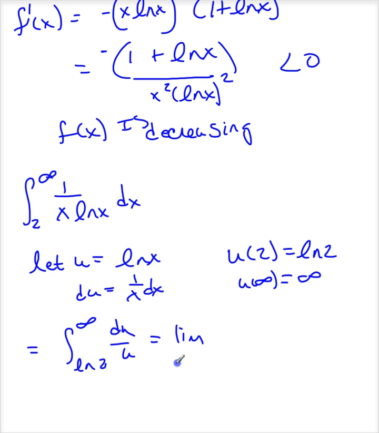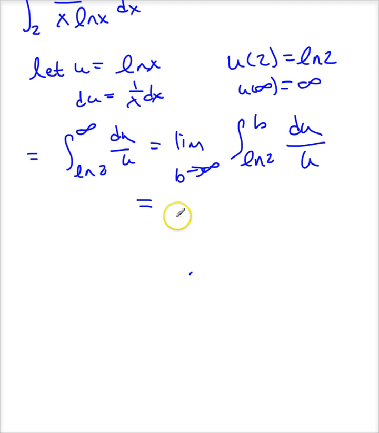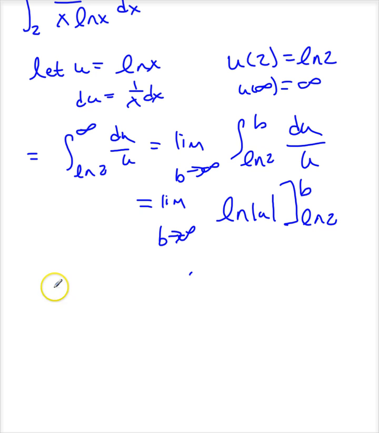So it's the limit as b approaches infinity of the integral from the natural log of 2 to b of du over u. I'm at the bottom of my tablet here. It's kind of hard to write. So this is the limit as b approaches infinity of the natural log of the absolute value of u, evaluated at the natural log of 2 and b.